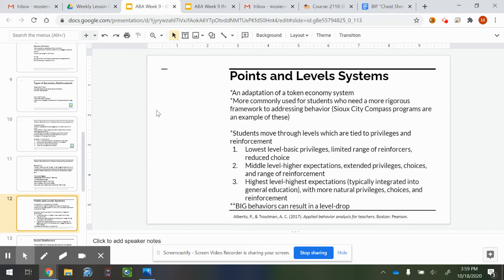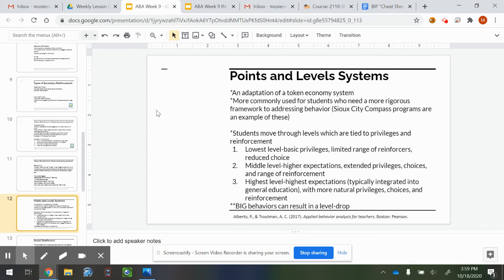At the middle level, there are higher expectations of the students. Therefore, they have extended privileges, choices, and ranges of reinforcement when they are exhibiting the appropriate behavior. And then the last level, the highest level, is where the students have the highest expectations of them.